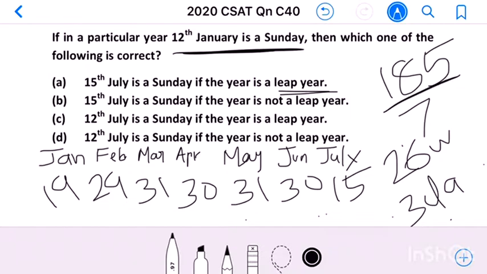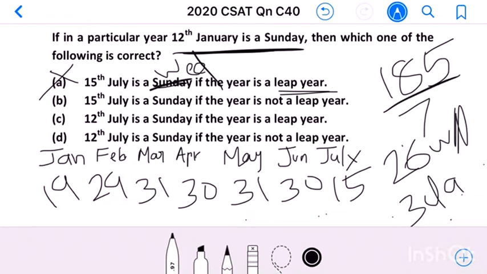At the end of this 26th week, it will be a Sunday again. But here there are 3 more days. That means 15th July will be a Wednesday. So this is not our answer.